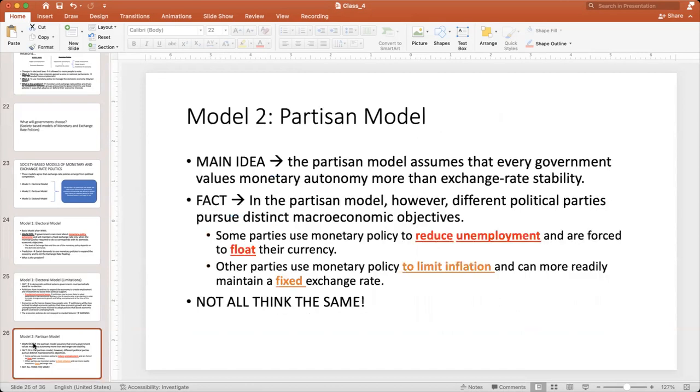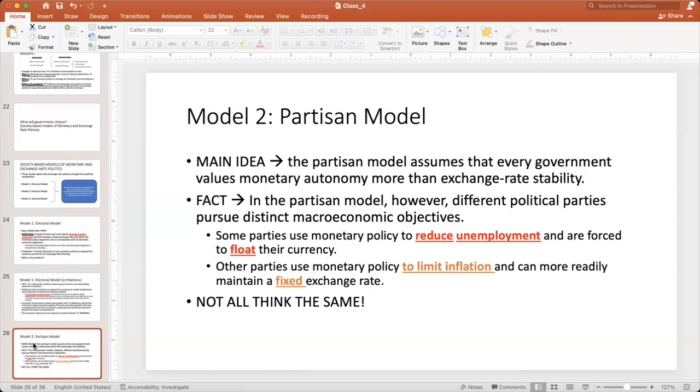The partisan model assumes that governments value monetary autonomy more than fixed exchange rates. However, the partisan model is a little bit different from the electoral model.